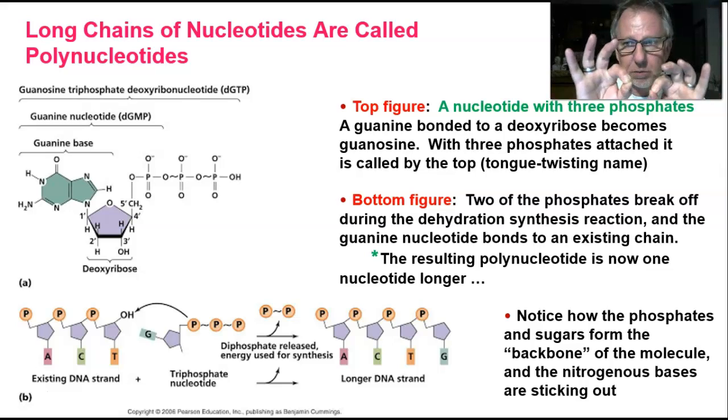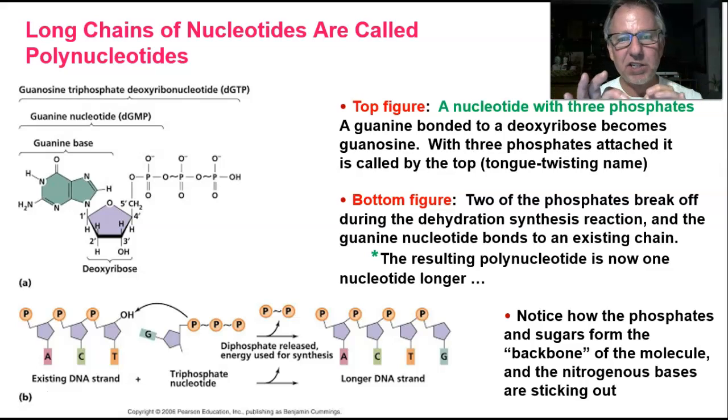And ka-chink, when those link together by dehydration synthesis, you now have a slightly longer polynucleotide, whether it be DNA or RNA. Either way, they both are made up of long chains of nucleotides that bond together, sugar to phosphate, sugar to phosphate, sugar to phosphate, forming a polynucleotide.